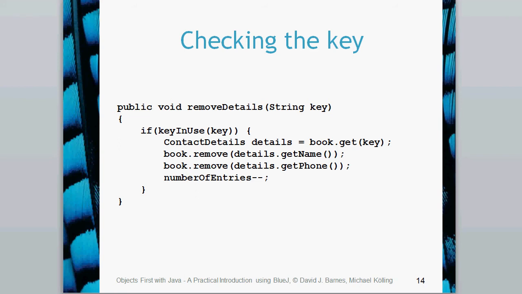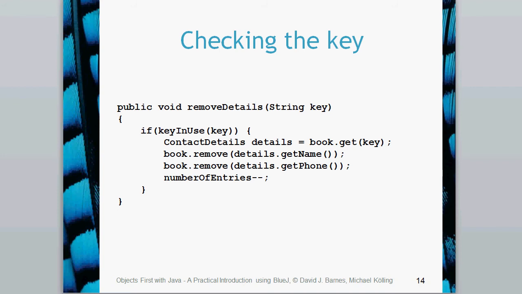That's then associated with a particular phone number. What this method now does is it uses another method called key in use and actually tests to see if that key is actually in use before it tries to remove it. If it tries to remove the key and it's not in use, then obviously you're going to have a bit of a problem. So this way you're actually checking the argument to make sure that it works.